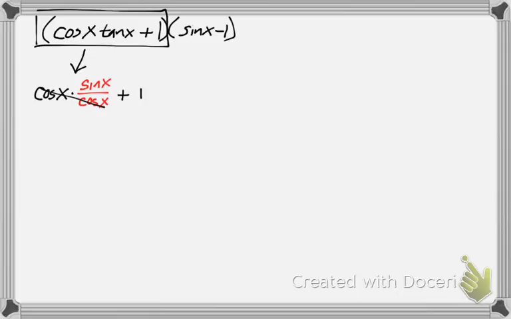Well, that's going to cancel out, so I really have just sine of x plus 1 times sine of x minus 1, which is a difference of squares, so that's sine squared x minus 1 squared, which is just 1.